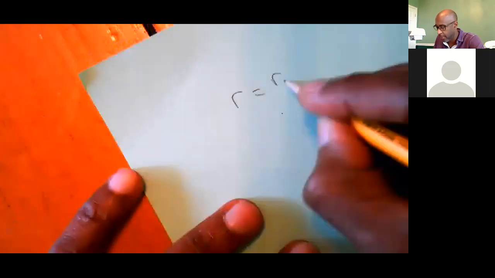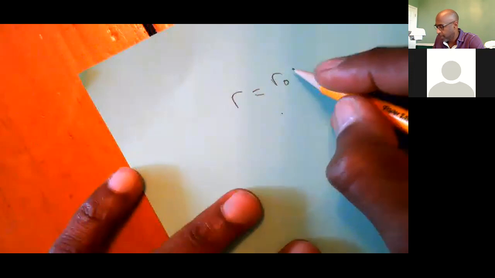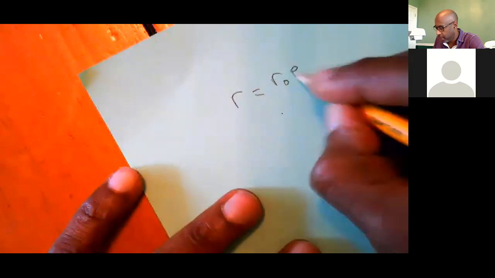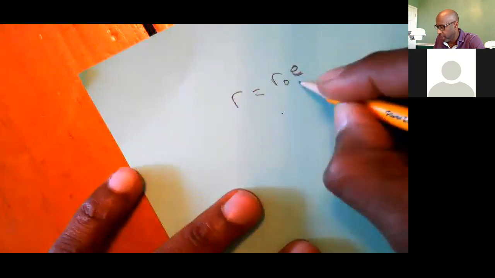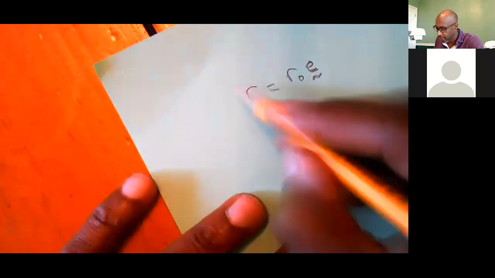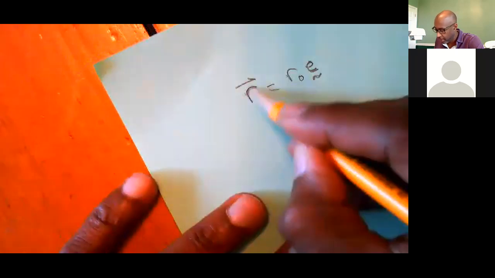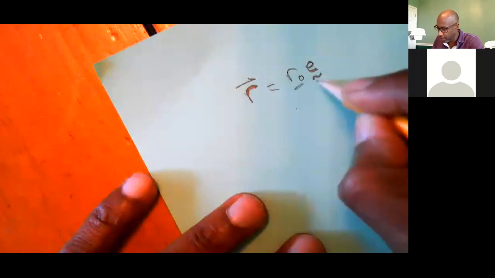And that r is going to look like a r0 magnitude times a direction. I'll call it direction E. So this vector has this magnitude in this direction.